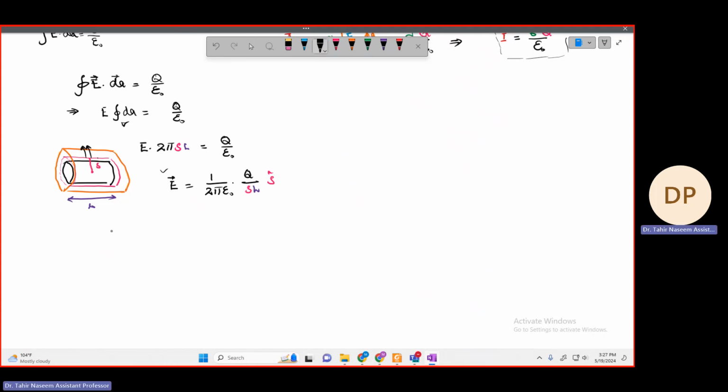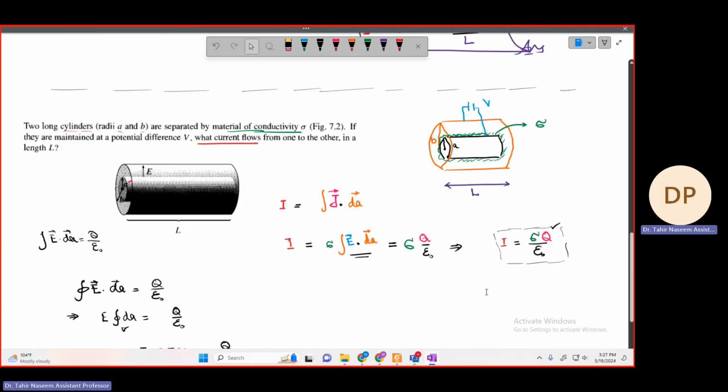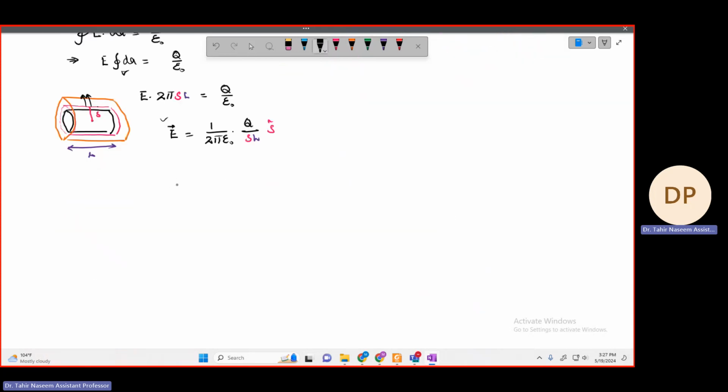So now I want to find, so if you see this, because we have applied a battery, a potential difference will be created. So that potential difference let's call VA minus VB, and let's call this V. Okay, VA minus VB, the potential difference of inner cylinder minus outer cylinder. So I find that. VA minus VB, according to the definition, is minus the integral from B to A of E dot dl.